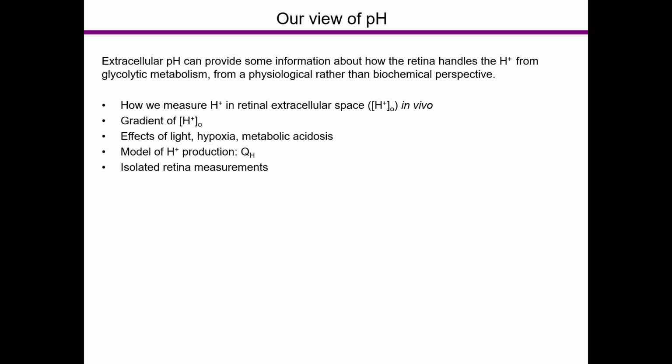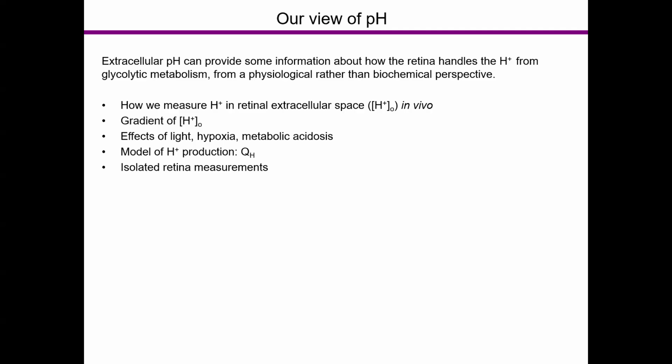So I'm going to talk about how we measure hydrogen ion in the extracellular space, which is denoted by that little zero there, or O there. What the gradient of hydrogen ion looks like across the retina, a few comments about the effects of light, hypoxia, and metabolic acidosis.